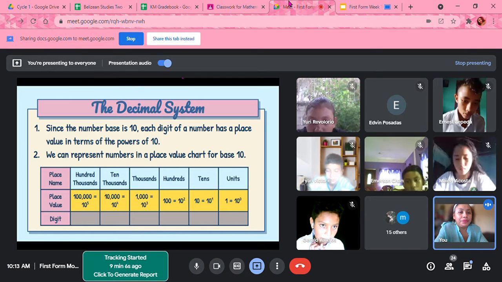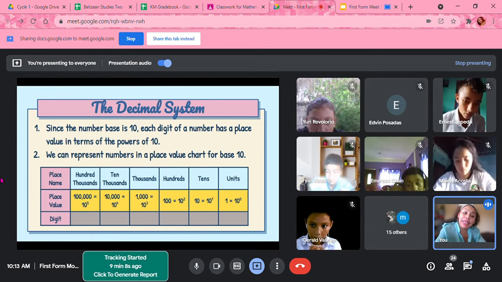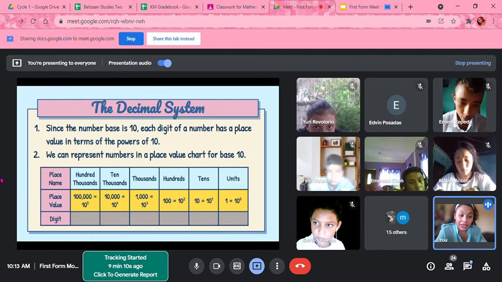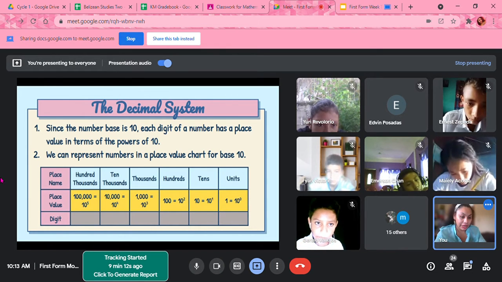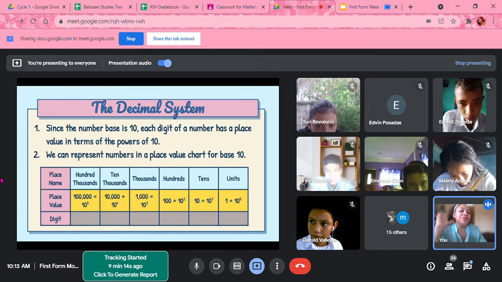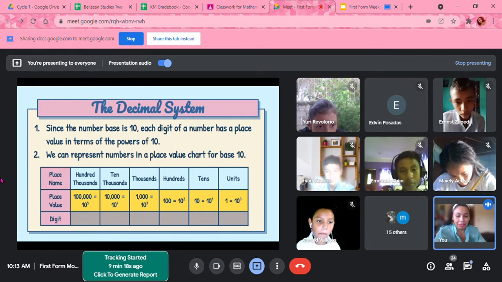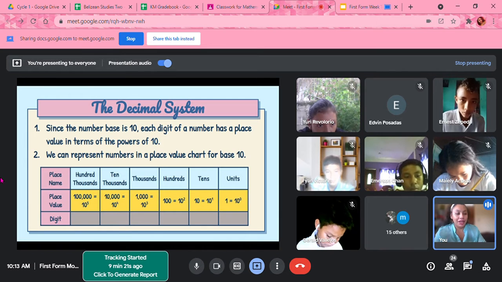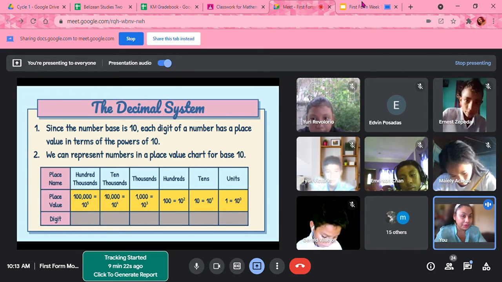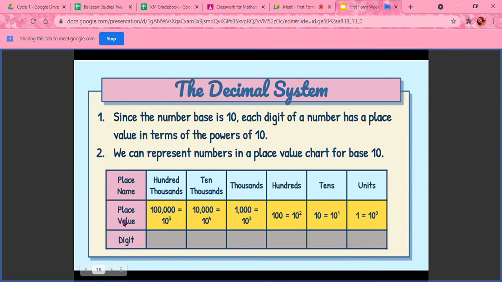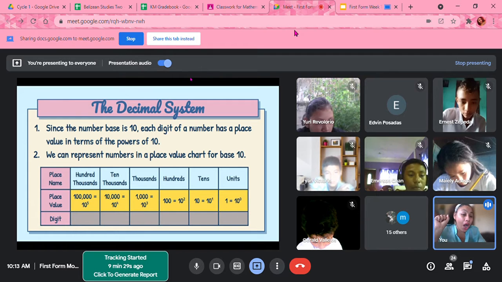Now, the decimal system has a place value chart, and you guys already know this place value chart. You have the ones, the tens, the hundreds, thousands, 10,000s, 100,000s, millions, and I could go on and on and on, and you know this. But when we talk about bases, we talk about powers.